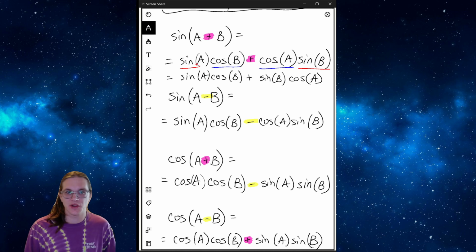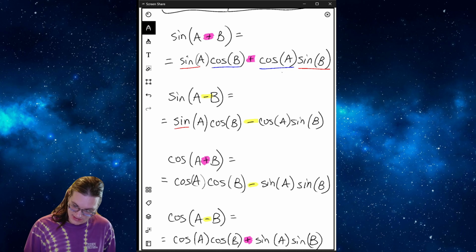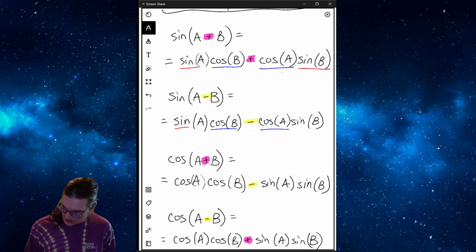But another person, the way their mind works, they're going to think, well, when I'm adding sine, it's sine of A, cosine of B, and then cosine of A, sine of B. And when you have the difference of angles in a sine function, then you're looking at sine A cosine B minus cosine A sine B.